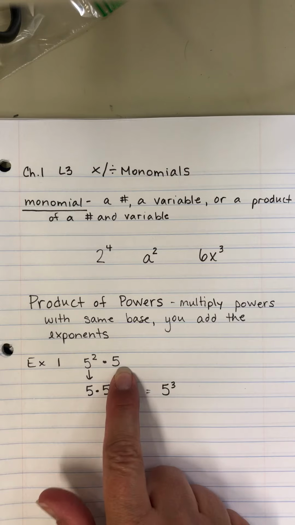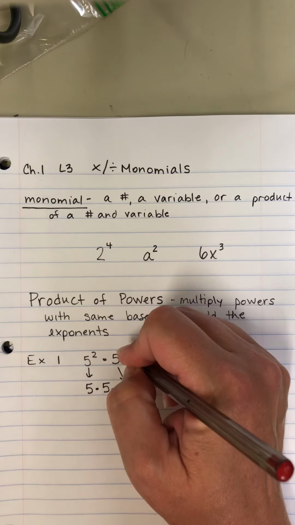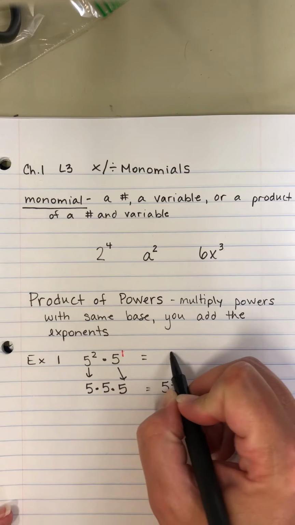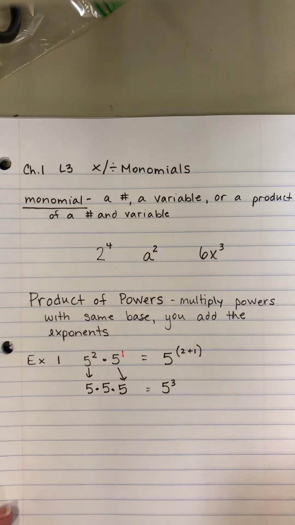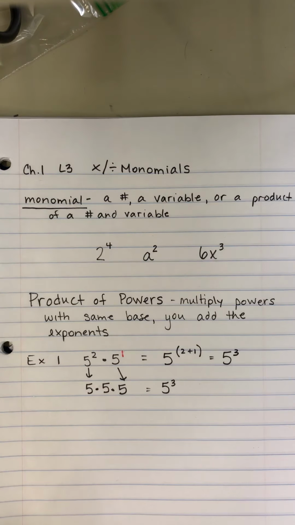Remember that if I don't see the exponent, there's an invisible 1 there. So if I follow the product of powers rule, it's the same as doing 5 and then 2 plus 1, just adding their exponents, which equals 5 to the 3rd power. I get the same answer no matter which way I do it.